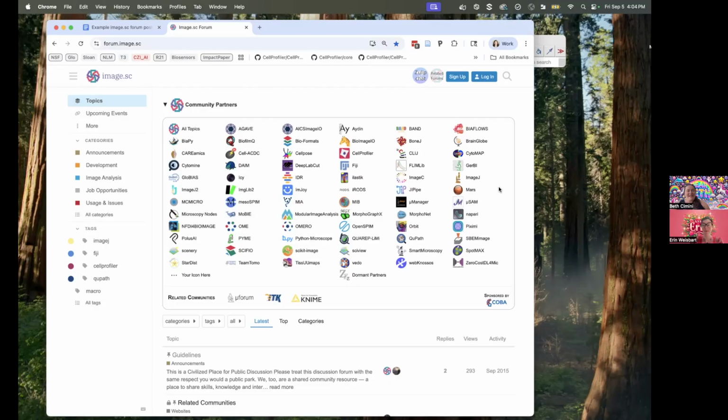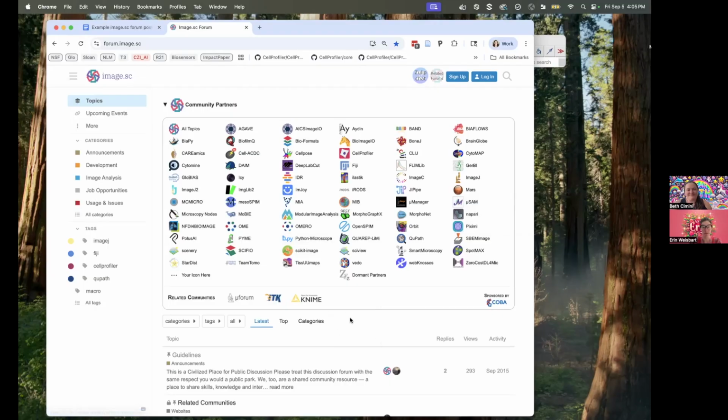And you don't even necessarily have to know what is the right tool for you. This is a lot of tools. How do I know if the best way to solve my problem is actually ImageJ or CellProfiler or Napari or something else? So this way, you don't actually need to know. You can just go to one place and say, hey, look, here's my picture, here's my question. I would like some help.